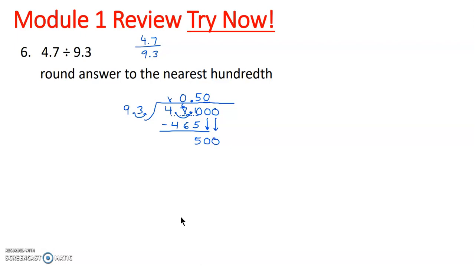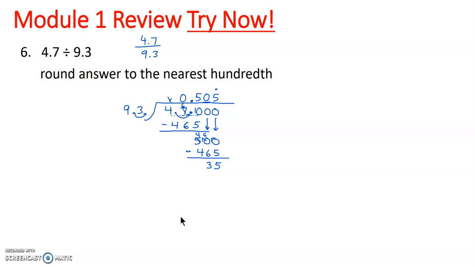We see that 93 goes into 500 again 5 times. 6 is too high. We're going to end up with 465. And then, of course, we can borrow if we're curious to see what the result is going to be, which will be 35, but we can stop at this point because we've got the digit we need in order to do the rounding.